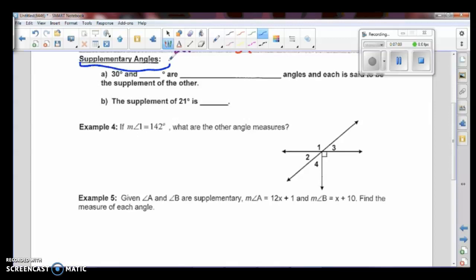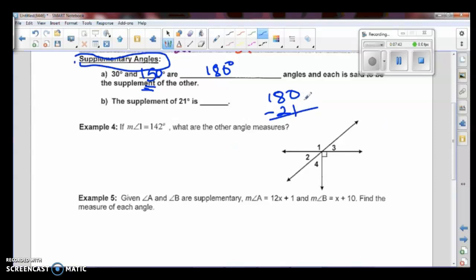Supplementary angles are by far the more common type that we see. We see these way more than complementary, and you'll see why. But 30 and 150 would be examples of supplementary, and together, these make up 180 degree angles. So the supplement of 21 would be, well, let's say 180 minus 21.